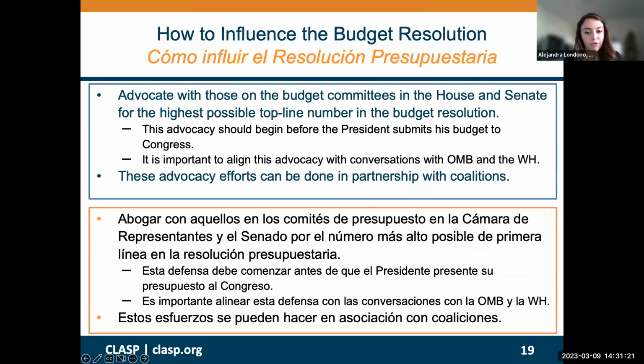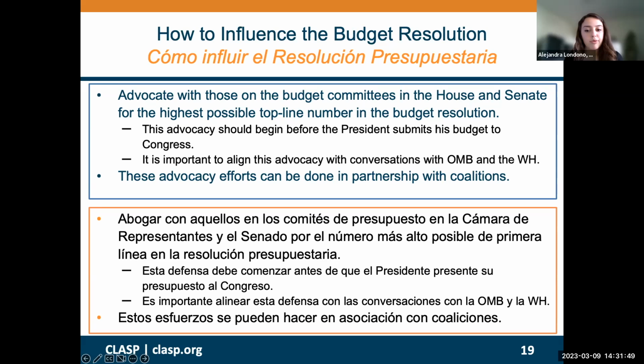Because many of the programs that we advocate for need additional funding, it is important that we advocate with those on the budget committees in the House and the Senate for the highest possible top line number in the budget resolution. As mentioned in the last slide, in order to increase discretionary funding, Congress requires the authority through the budget resolution.